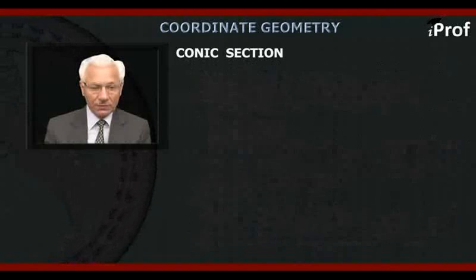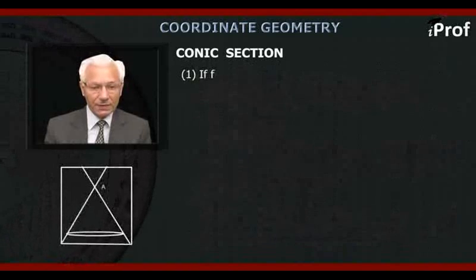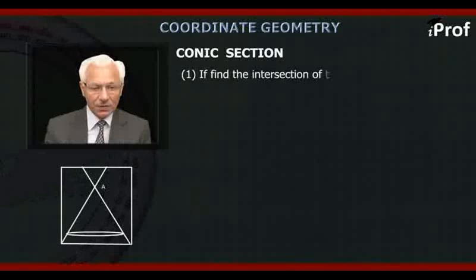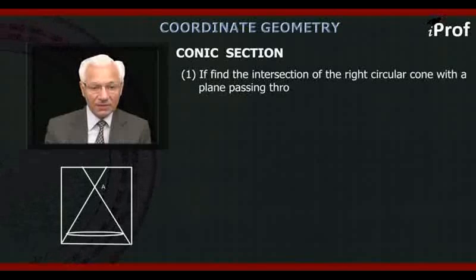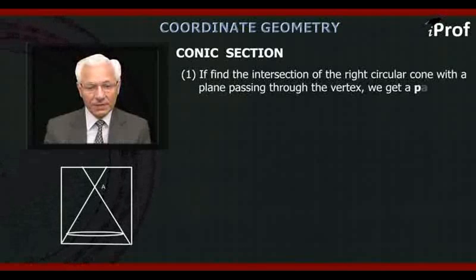Conic section: now we discuss various sections of the cone under different conditions. If we find the intersection of the right circular cone with the plane passing through the vertex, we get a pair of lines.